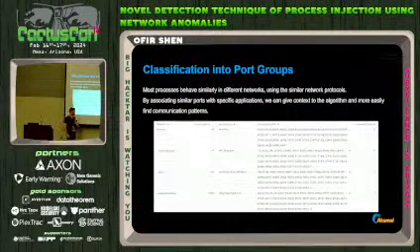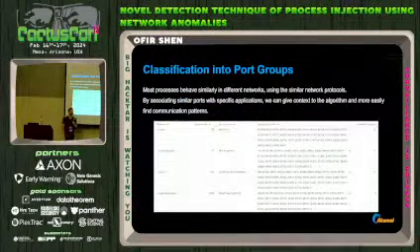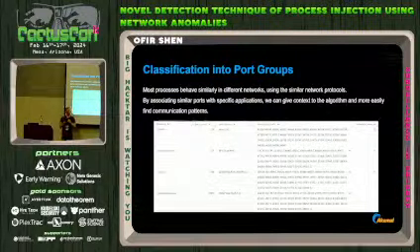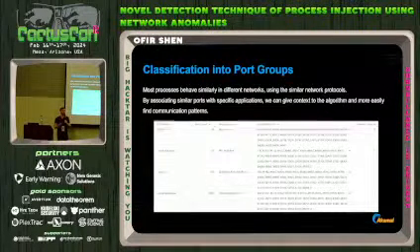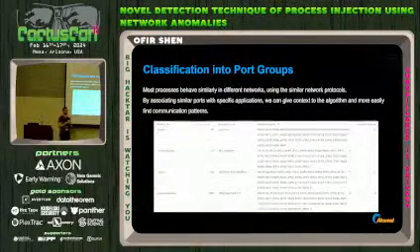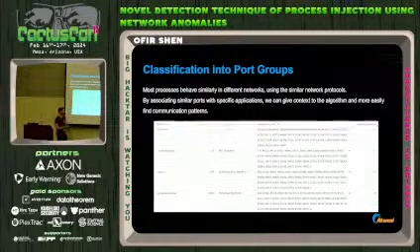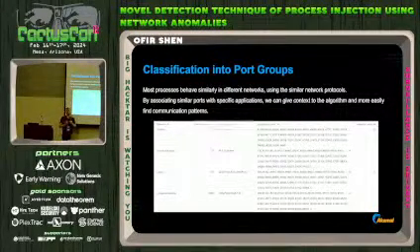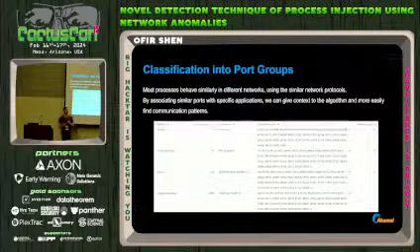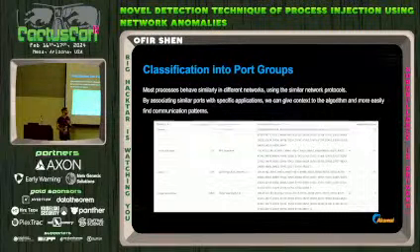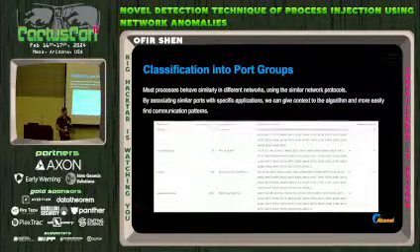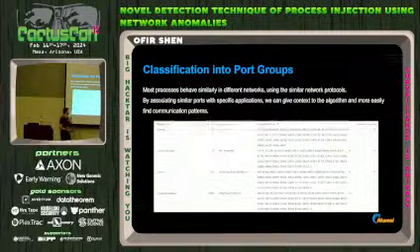So in our research, we saw that even though some processes might be using many destination ports, if we classify them into something we call port groups, we can note that even though they're using many ports, they're generally using the same kind of applications that are tied to those ports. So to understand it better, we can look at some examples.